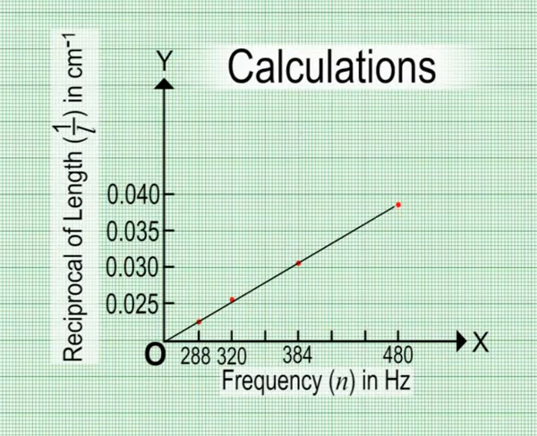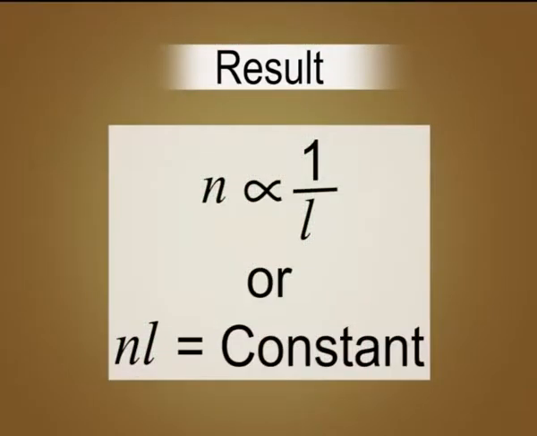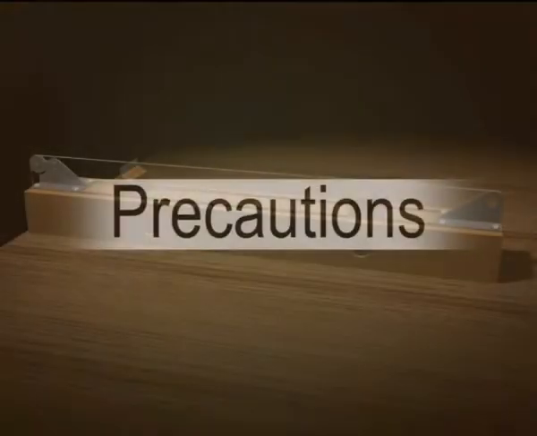The graph is a straight line. Let's see how to put forward the result. As the graph between n and 1 by L is a straight line, n is proportional to 1 by L, or n into L is a constant.